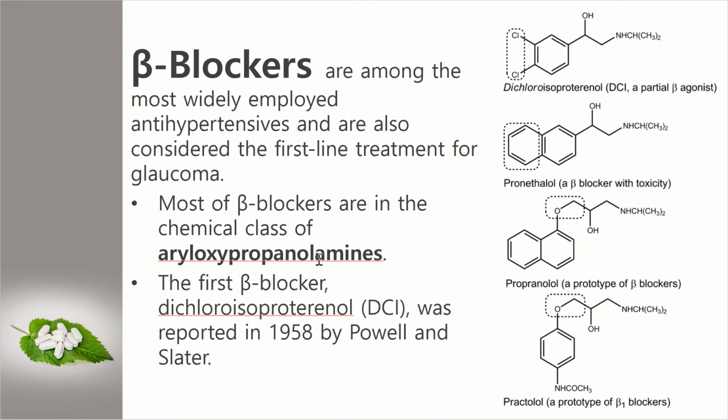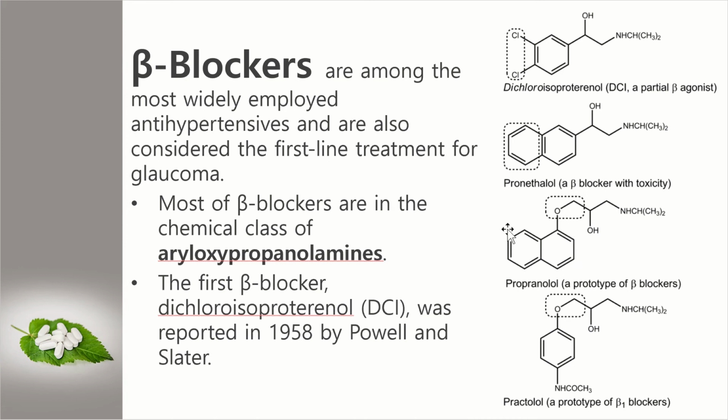Whenever we see a class of compound, we should always try to look at the structure to see how it breaks down. Where is the aryl portion? Where is the oxy portion? Where is the propanol portion? And where is the amine? So let's do that quickly. Let's use propranolol.